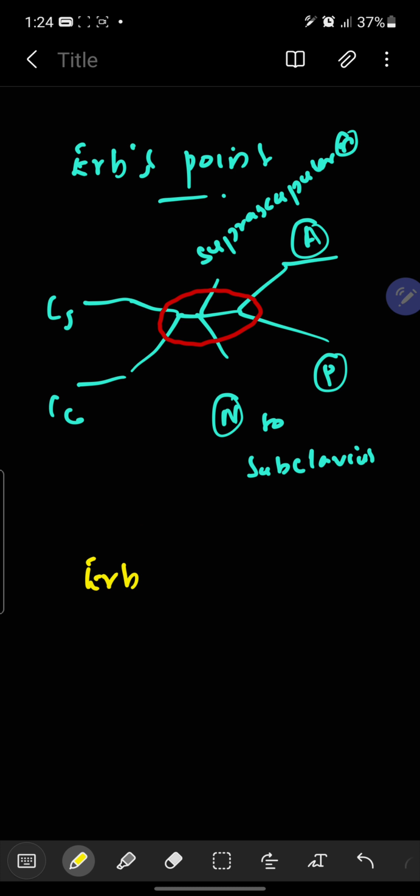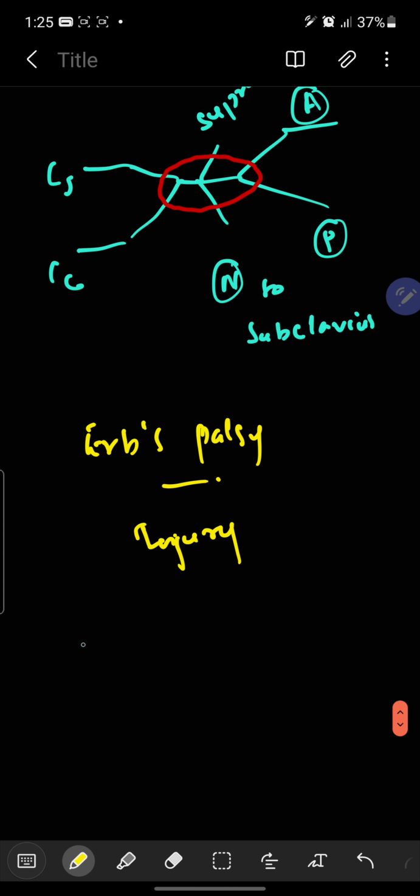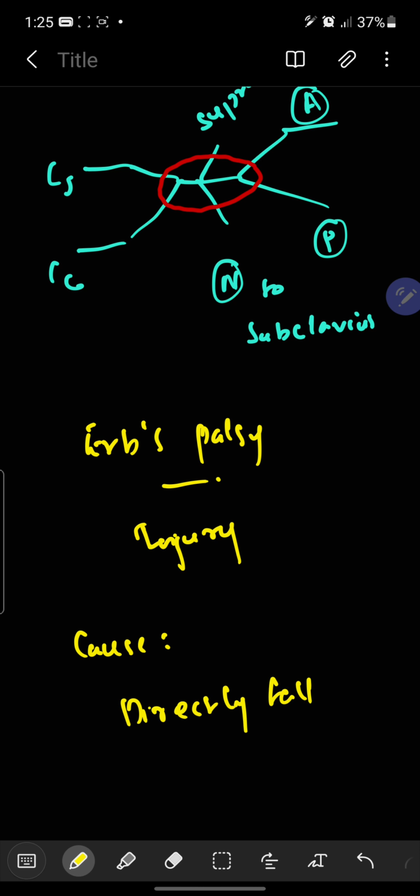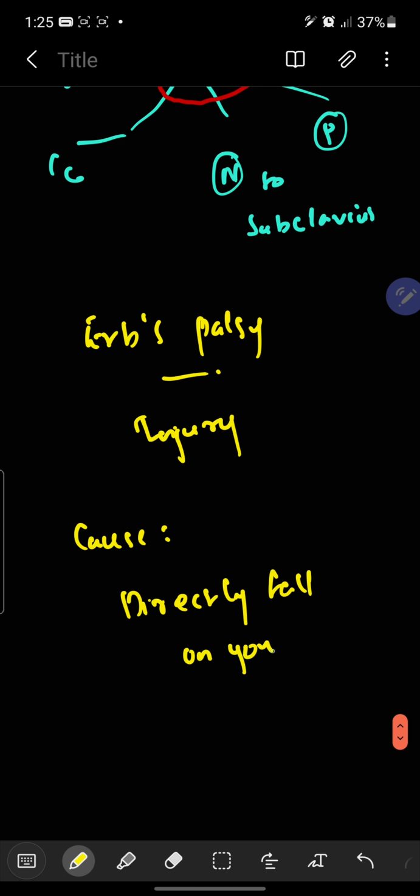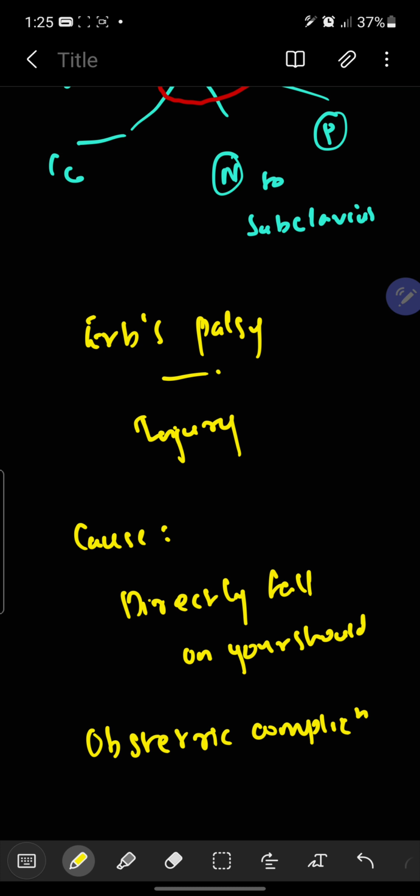Now what is Erb's palsy? If there is an injury to Erb's point, the causes are when you directly fall on your shoulder, or it may be due to obstetric complication, that means related to pregnancy.